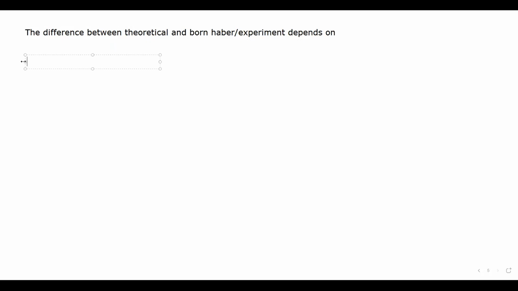Number one, it depends on the size of the positive ion. That should be as small as possible for causing more distortion. So we can say small size causes greater distortion or polarization.